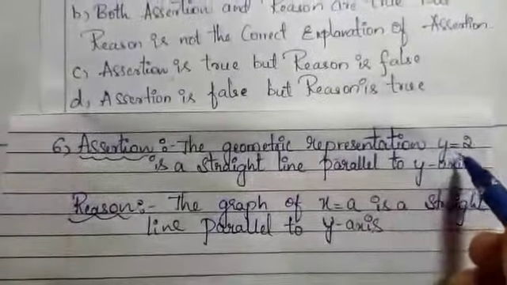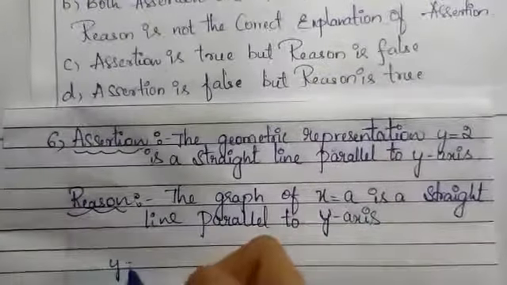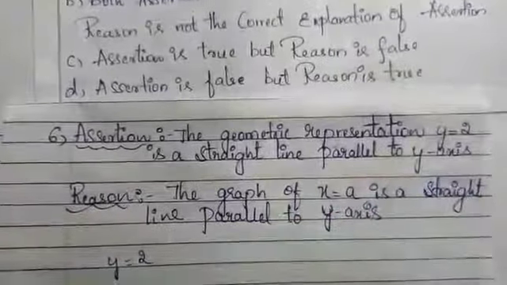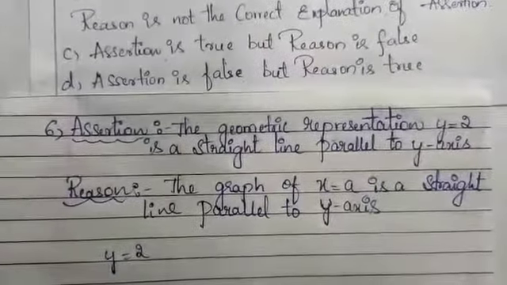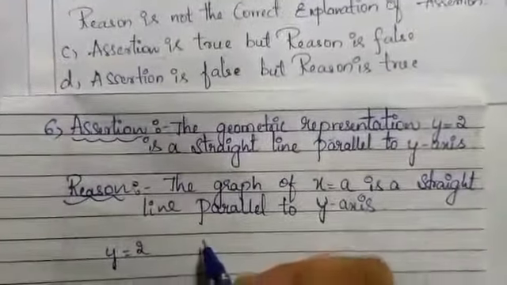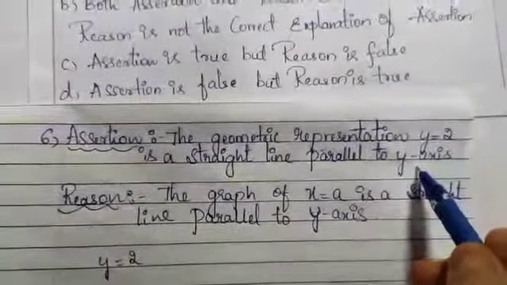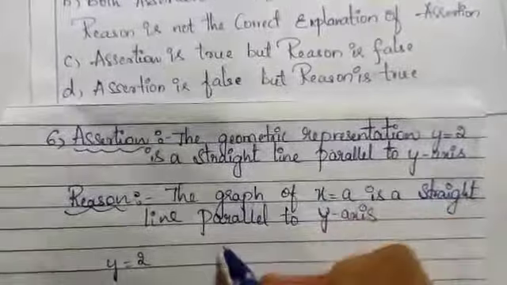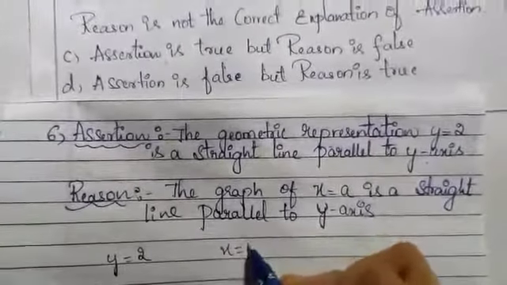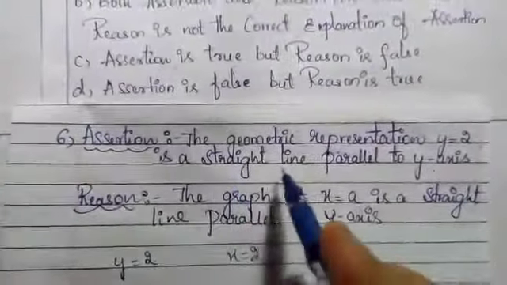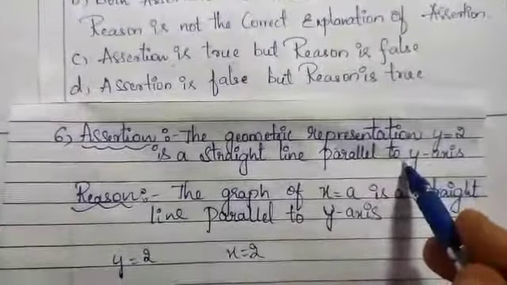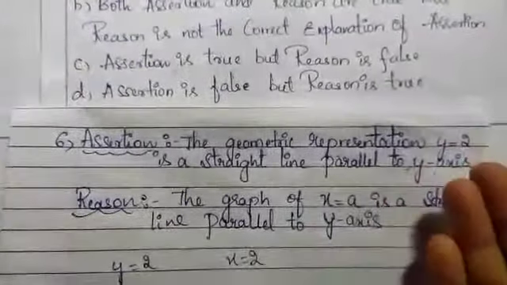So you know that when the graph is y equals 2, how is the graph you will get? It will be a straight line which is parallel to the x-axis, not the y-axis. If for example the question is x equals 2, then it is a straight line parallel to the y-axis. Okay, that you have already known.